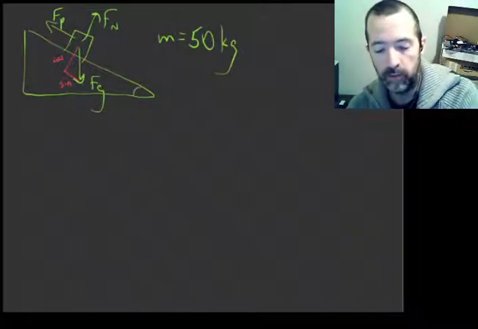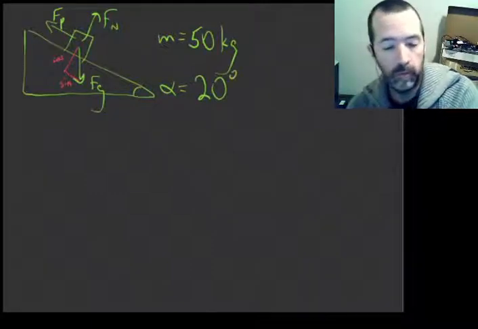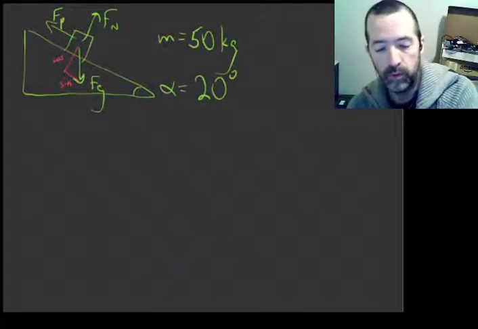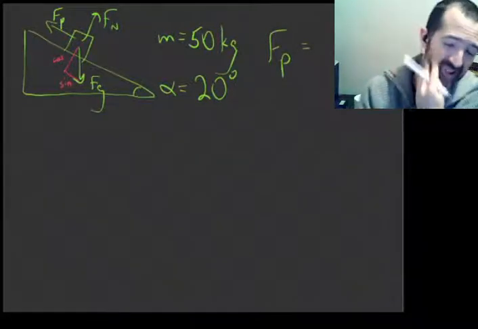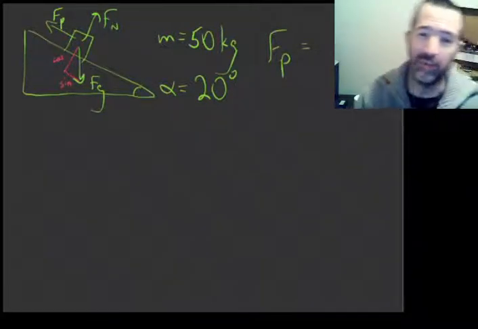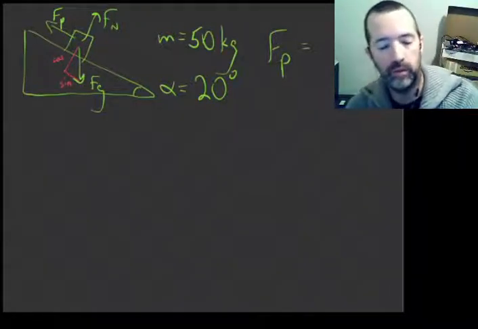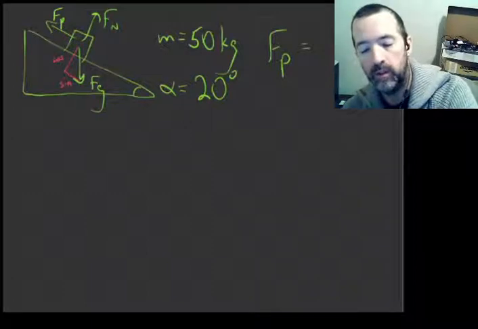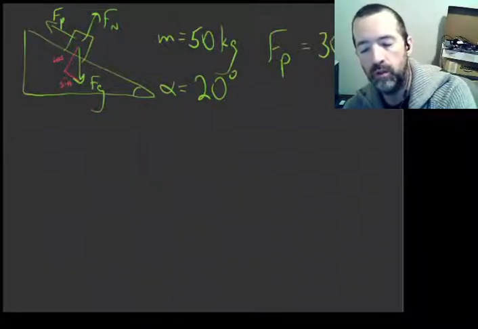Let's say that the angle alpha is 20 degrees. And let's say that the person pushing is, I want to make sure it's big enough to go uphill, so let's say it's like 300 newtons. I'm pretty sure that'll be big enough.